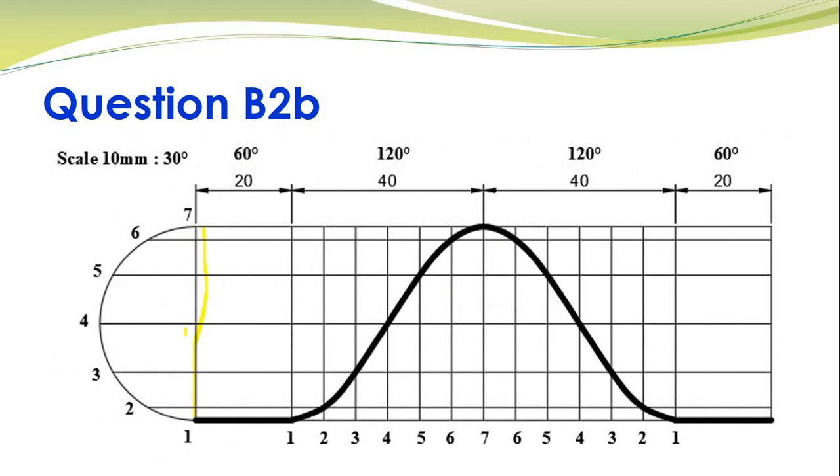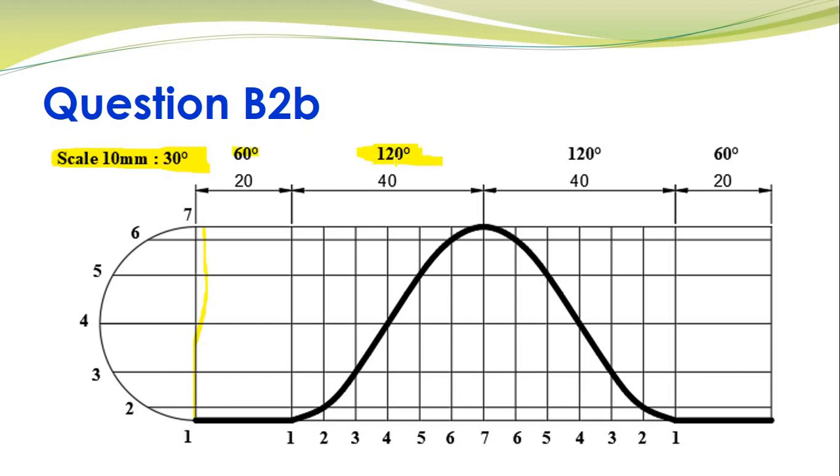So you don't scale your stroke, you will leave it as it is. You will measure 40 mm on your paper and put it as it is. Now the scale that was given says that every 10 mm represents 30 degrees rotation of the cam itself. So in the beginning, the valve remains closed for 60 degrees.